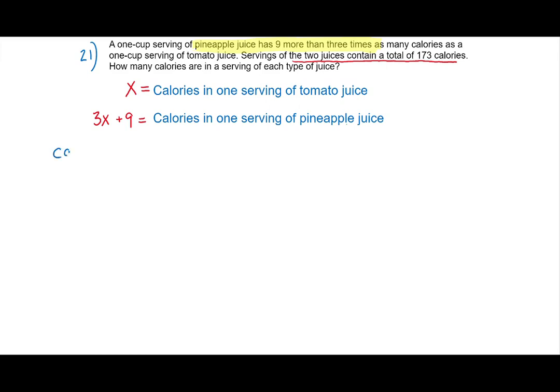So we could say the calories in the tomato juice plus the calories in the pineapple juice should give us the total number of calories in the mixture.